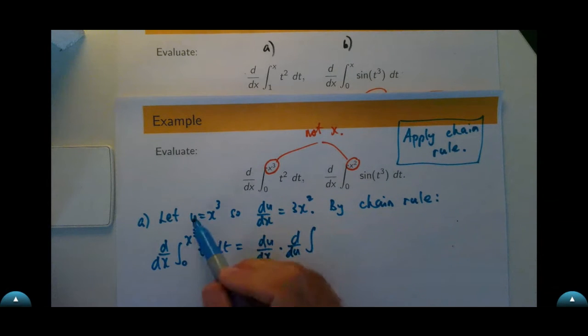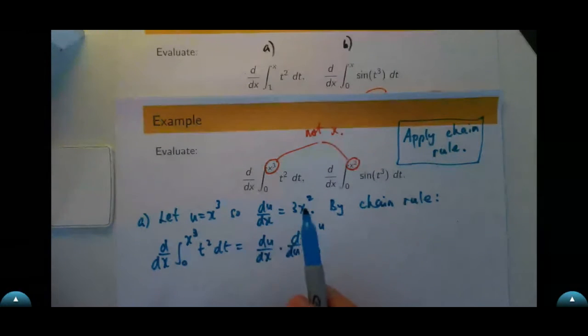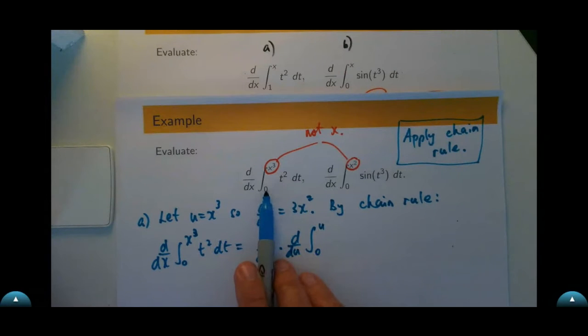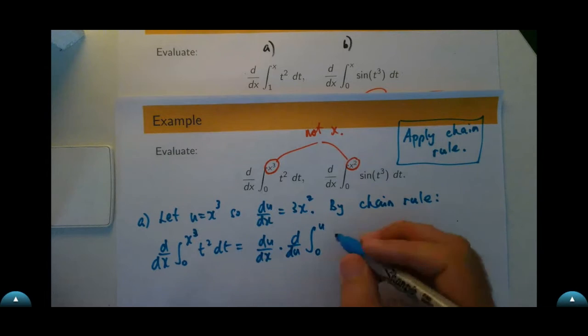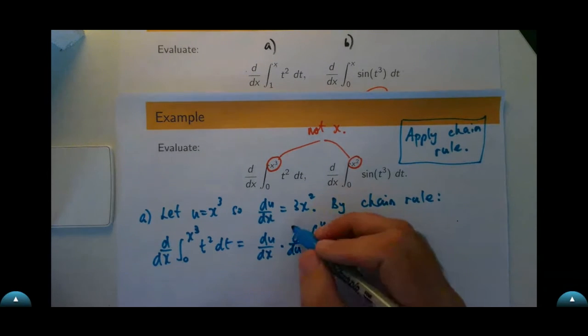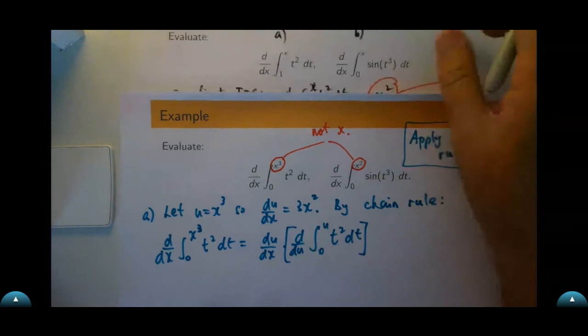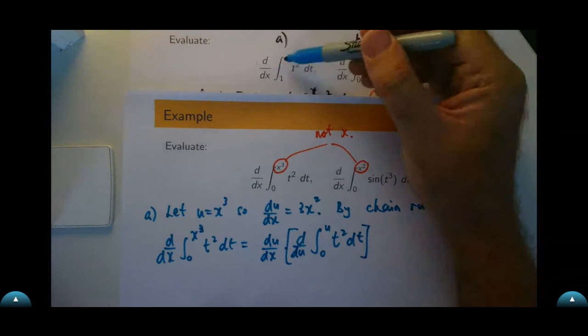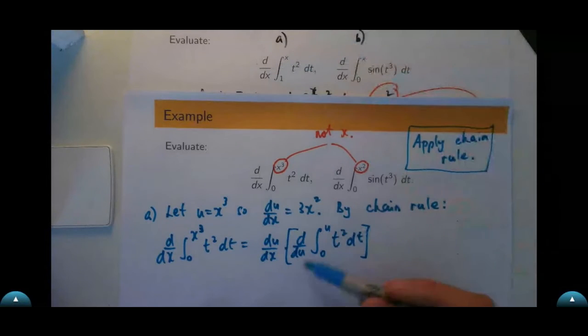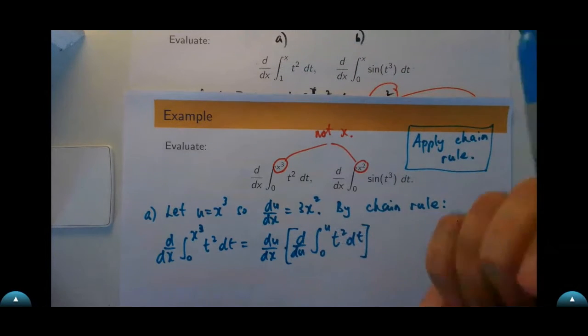Okay, I can replace x cubed with u, and when x is 0, u is also going to be 0, so that doesn't change. And the dummy variables don't change. So now I've got this nice form that is very similar to up here. I've got u's instead of x's. So I can apply the fundamental theorem of calculus to this.